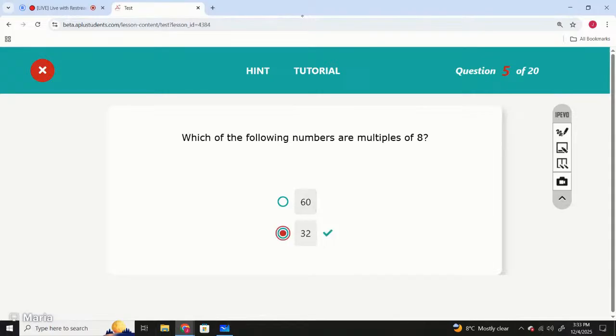Option number 2 is the correct option. Which of the following numbers are multiples of 3?